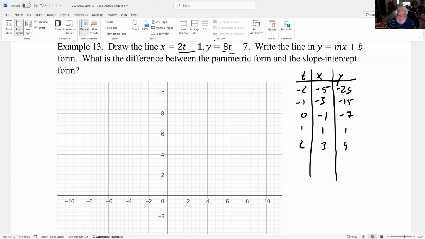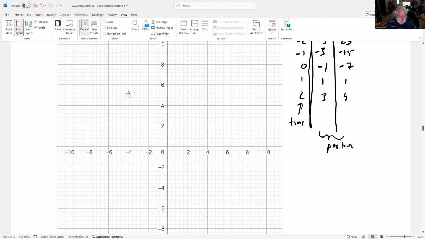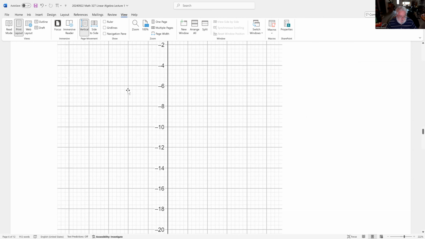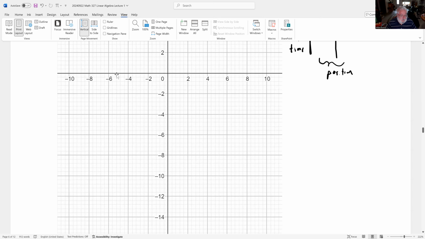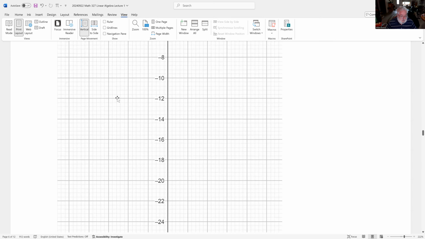So we think of this as being position in the plane, and this is being time. So -5, -23 is going to be way, way down here, more or less.